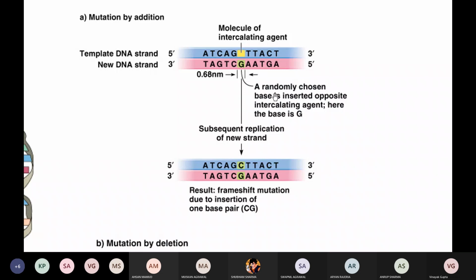And this is totally random. As mentioned here, there is no logic behind this addition. And we know that wherever there is an addition or deletion, it is going to cause a frameshift mutation. So here addition is there, and ultimately the outcome will be the frameshift mutation due to the insertion of a CG base pair here.